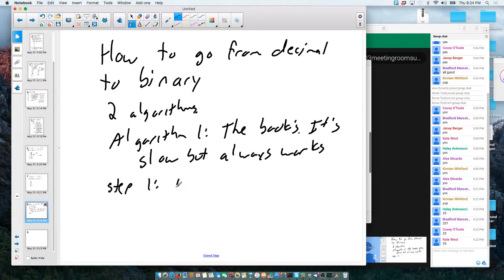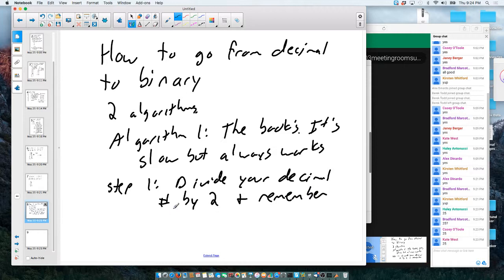Step 1. Divide your decimal number by 2 and remember the remainder. By remember, I just mean write it down someplace, because the remainders are going to end up being the bits.